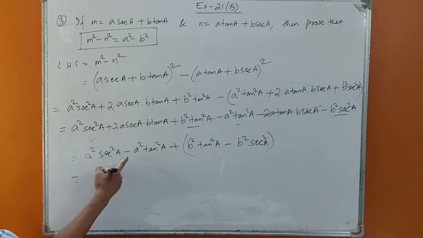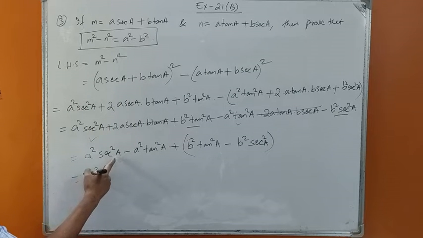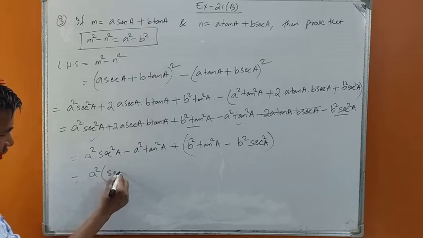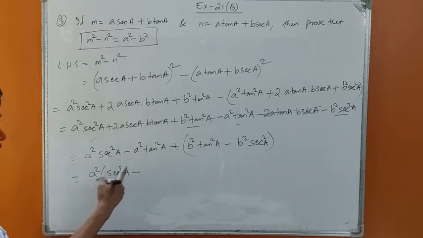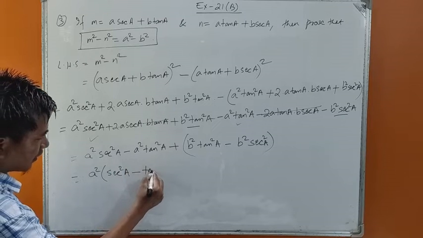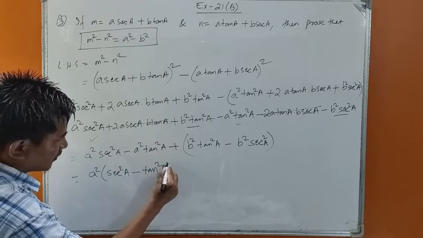Now let's take a square common here. If a square is taken common, what remains within the bracket is sec square a minus tan square a.